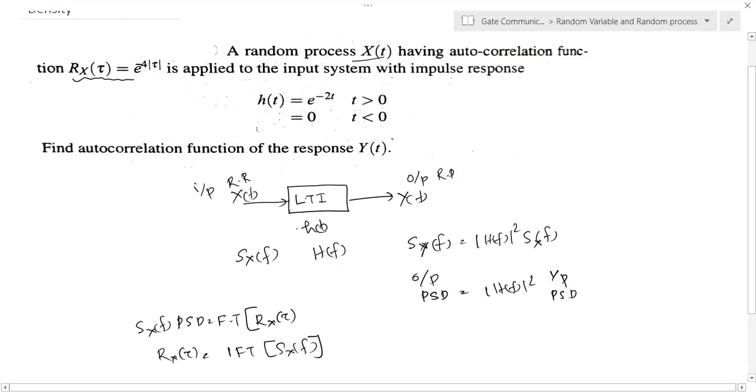In this particular question, we need to find the output autocorrelation function. So we can first find Sy of f, and then we can find Ry of tau by taking the inverse Fourier transform of Sy of f. So we can approach this concept here.